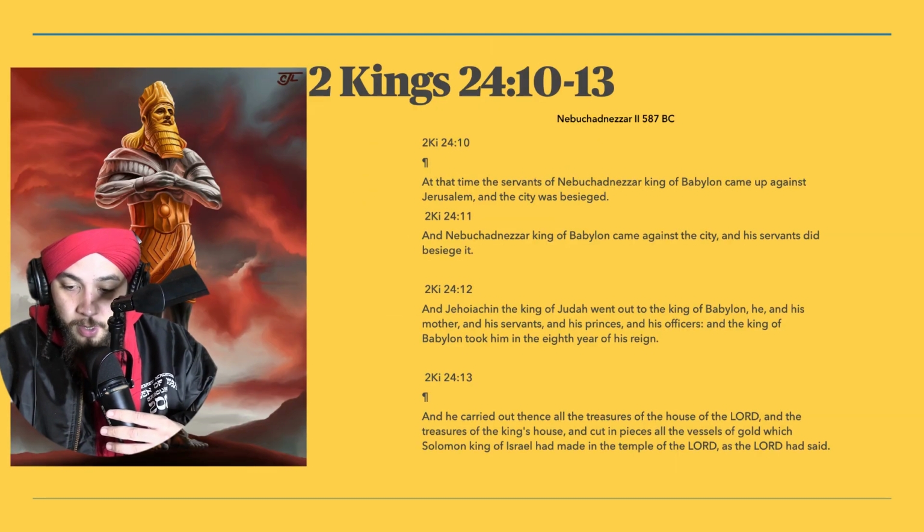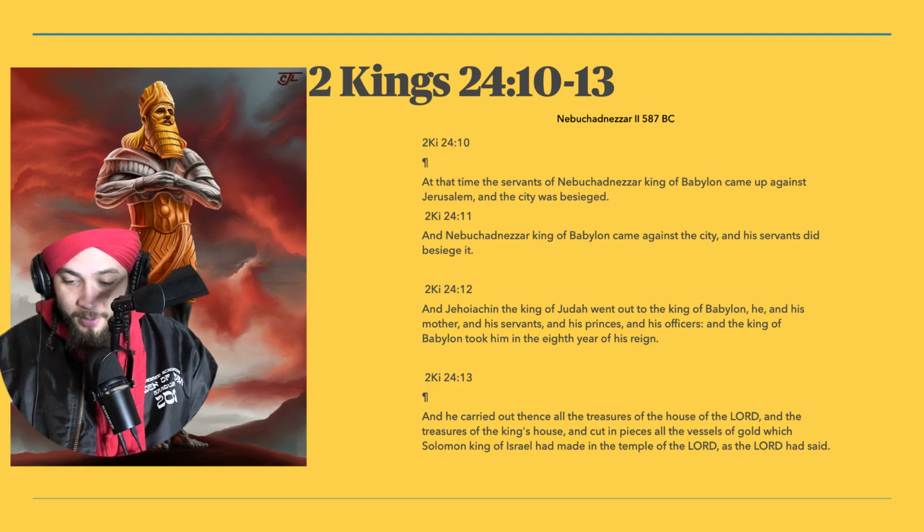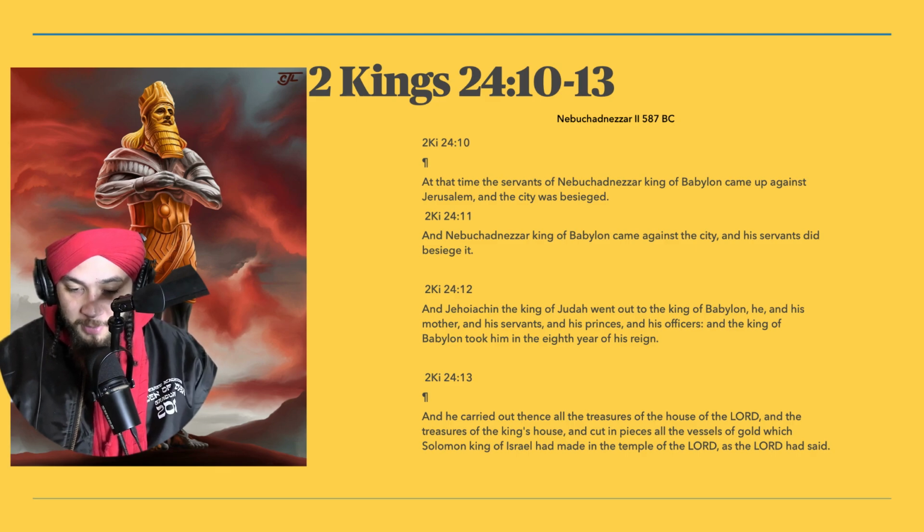First, I want to start here. To understand Daniel 9, we have to start at 2 Kings 24. Now, I know you may be wondering, what does the multi-metallic image have to do with Daniel 9? What does 2 Kings 24 have to do with Daniel 9?